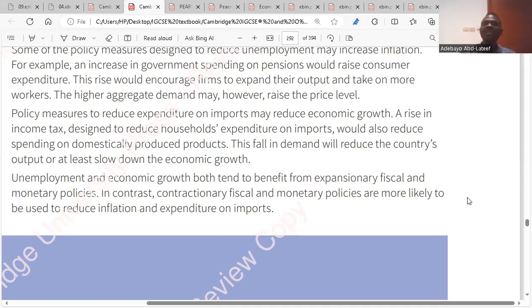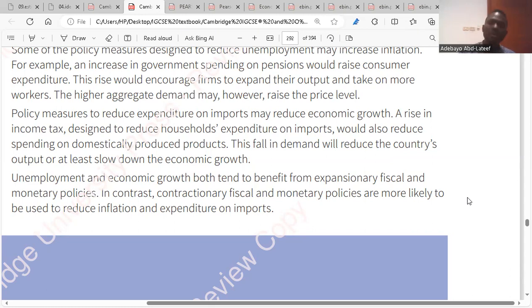So government wants to increase income tax. If government increases income tax, what happens afterwards? Get my point? Government is increasing income tax because there is a high consumption of imported goods. So government could do that by increasing income tax.